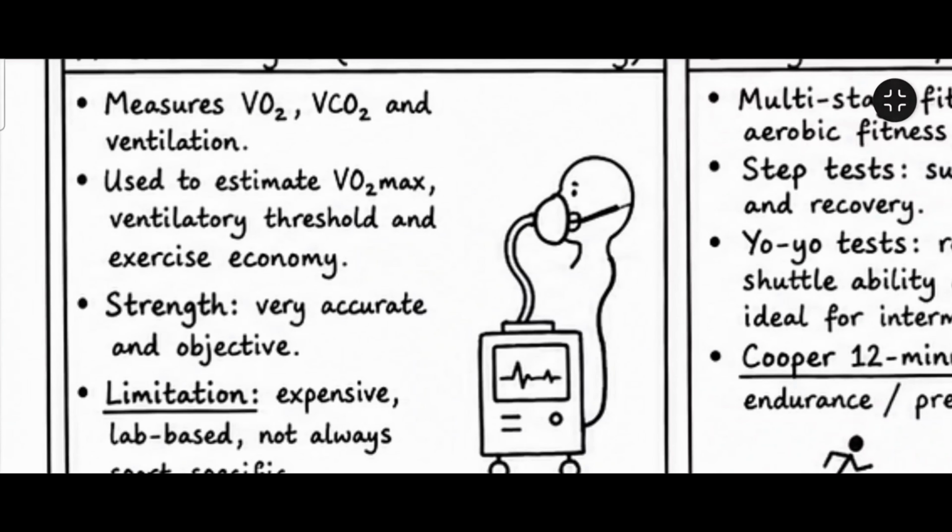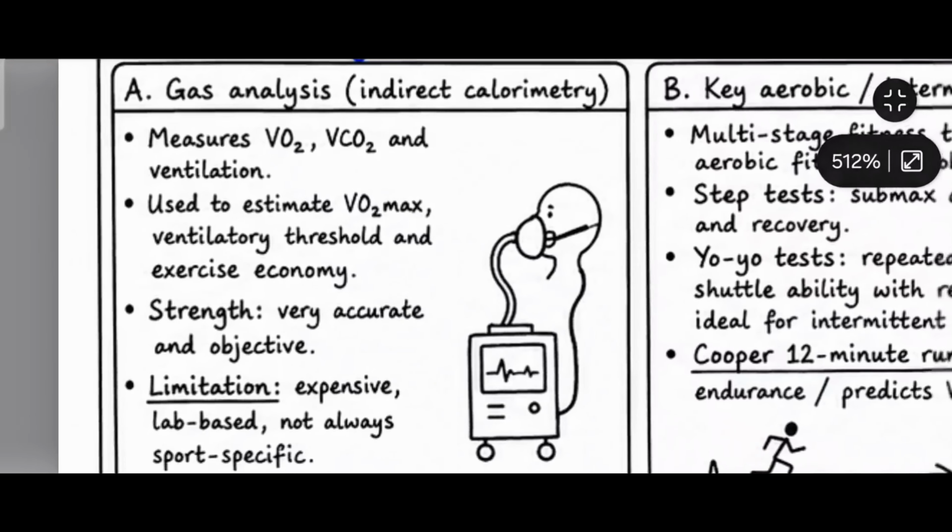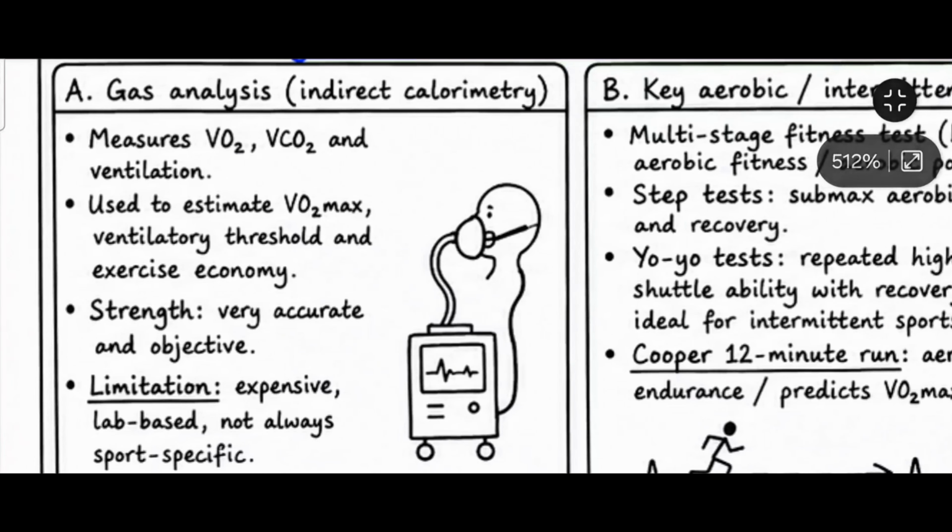It's also used for identifying ventilatory threshold, which is similar to the lactate threshold in terms of it's the upper limit of basically how much you can ventilate, and it links to intensity and pace. The more intensity and pace increases, the more you're going to need to ventilate. And it's also used for measuring energy costs and economy.